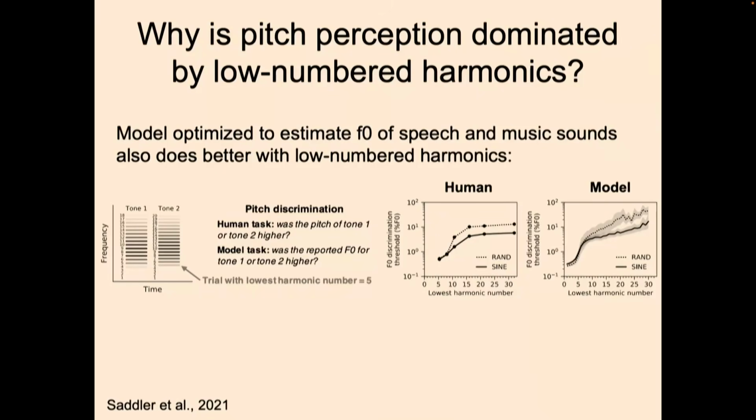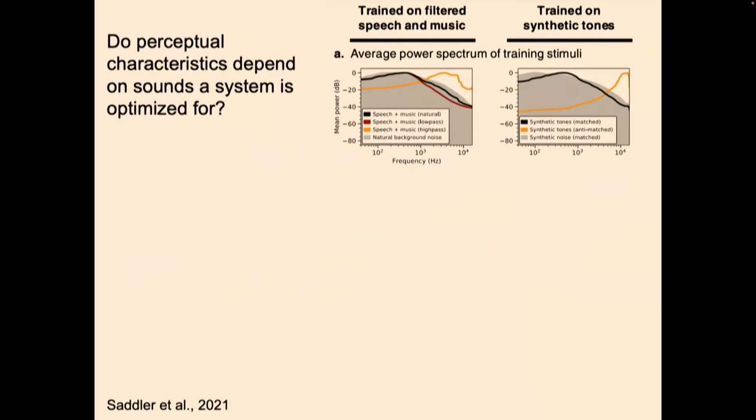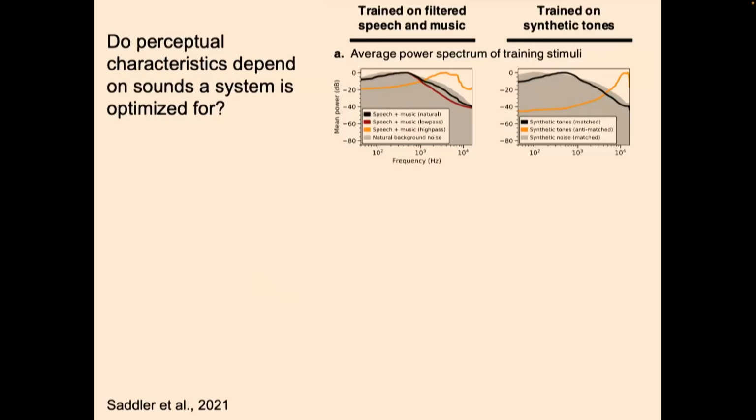with the model, you can do experiments that would be difficult to do in biology. And in particular, you can ask whether the perceptual characteristics that are observed depend on the auditory diet that the system is optimized for. Okay? So the results that I just showed you came from a model that was trained on excerpts of speech or music, so natural or naturalistic sounds. Okay? One of the most salient features of natural sounds is that they tend to be low pass. They tend to have more power at low frequencies than high frequencies, and that's evident here. So this is a graph that shows a power spectrum, so the y-axis is power, the x-axis is frequency.